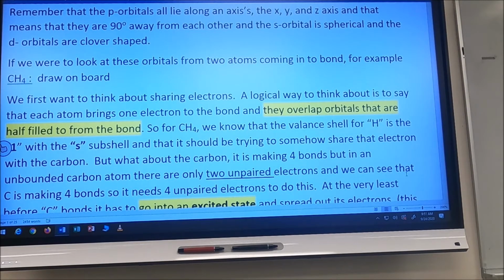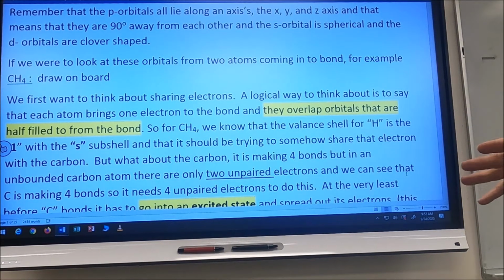So one of the things that we know has to happen for carbon to bond to those 4 hydrogens is that carbon has to spread out its valence electrons. One of the electrons in a 2s orbital has to jump out to a 2p. So the carbon goes into an excited state before it bonds.